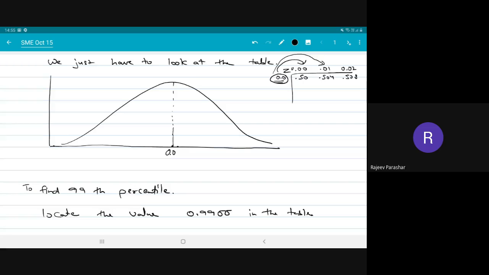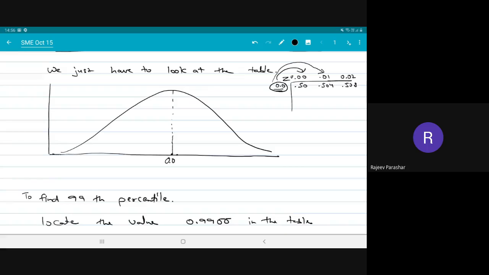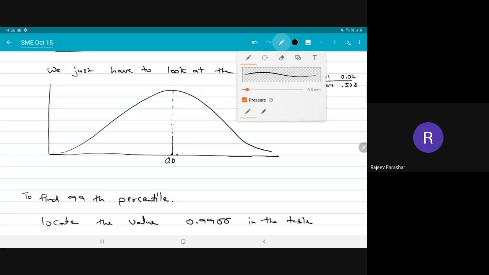Where would that value be? Just scan the table. That value is in the row with label 2.3 and the column with 0.03.